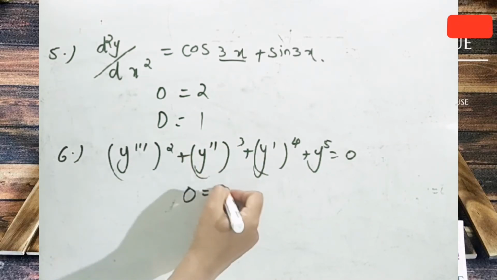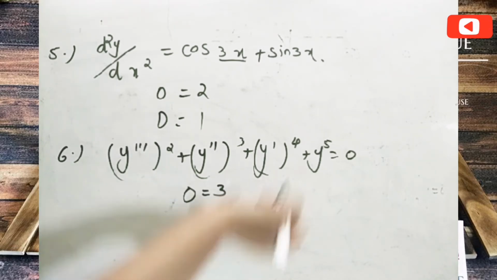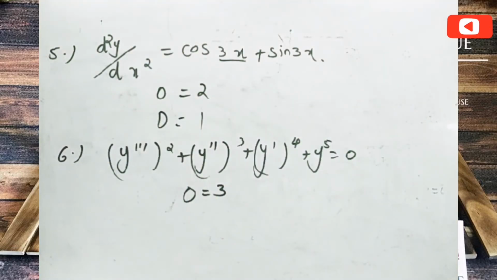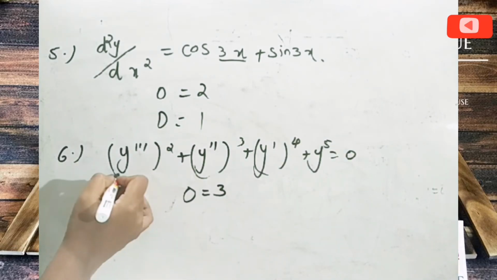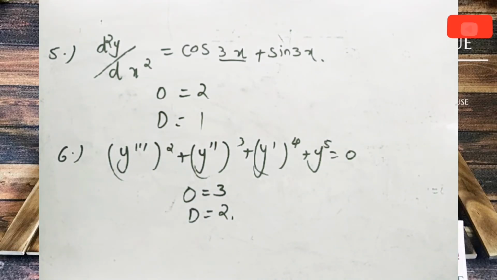So the highest order derivative is third, so order is 3. Now we need to check the power of this highest order derivative, that is y''', which is 2. So order is 3 and degree is 2.